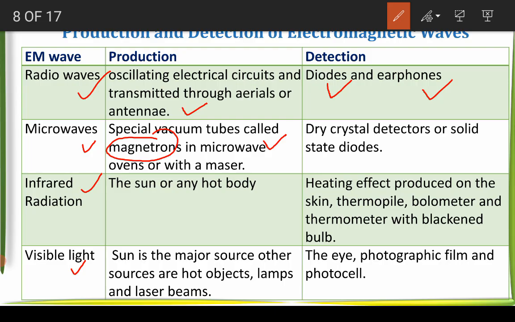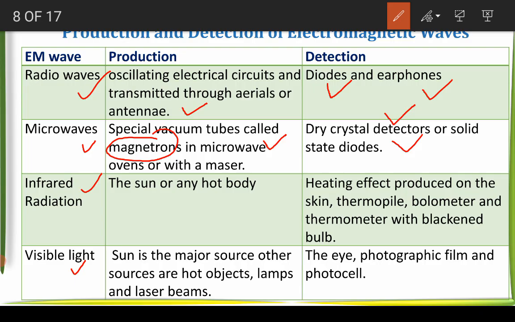Okay, so how are they detected? These can be detected by dry crystal detectors, or what we call solid state diodes. You find solid state diodes in cell phones, because microwaves can also be used for communications, like using cell phones.